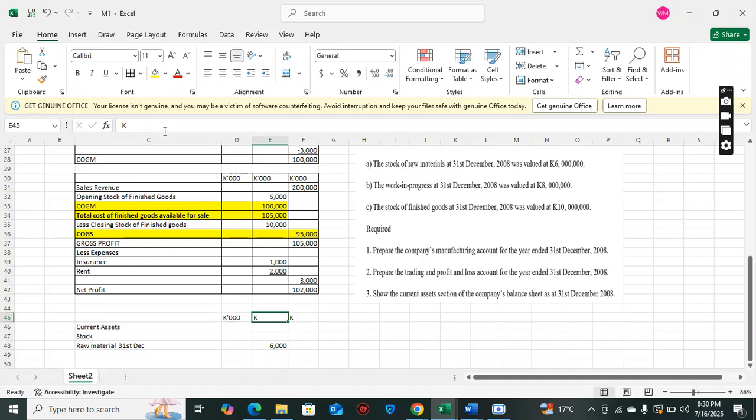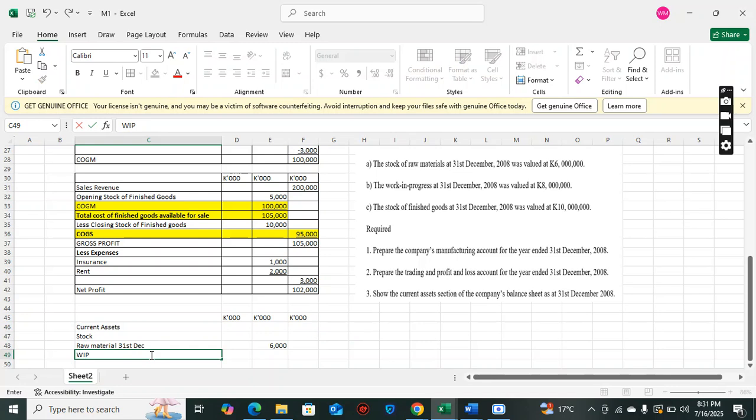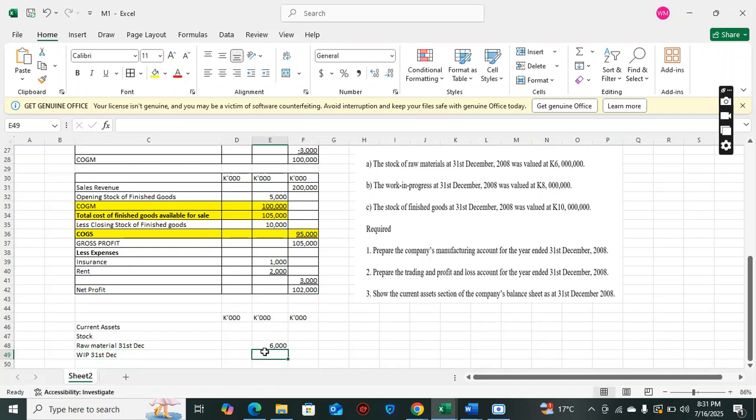Then we have our ending work in progress, WIP, 31st December, valued at 8 million, but we're writing just the shortcut here, 8,000.